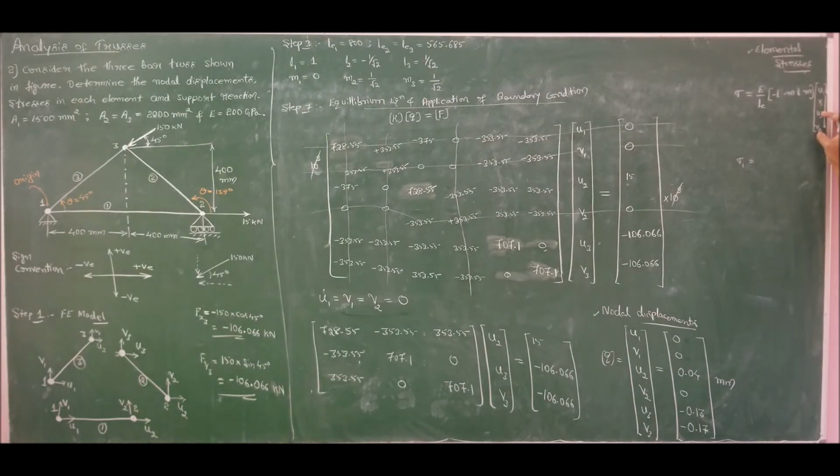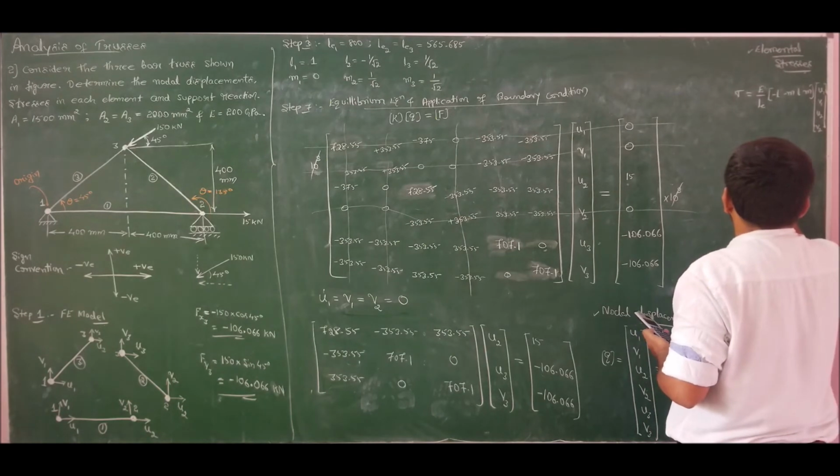So U2 and V2 will multiply with L and M. L1 is 1 into U2, U2 is 0.04, plus V2 will get multiplied with M. V2 is 0, M is also 0. So that's all, it is 0.04.